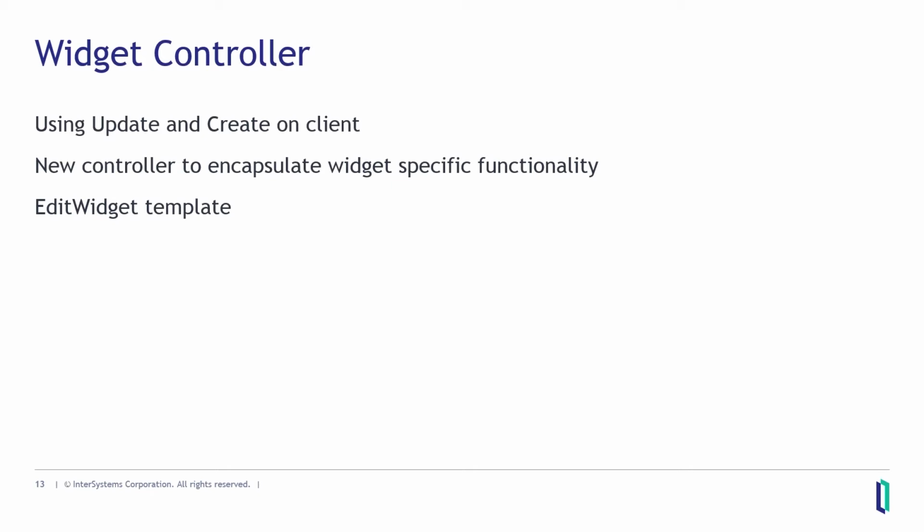So we're going to separate those out into a separate Angular controller to handle those specific widget operations. So we have a widget controller there, and we will also have an edit form, which I'll talk about more in a second, but that will be in an Angular template.